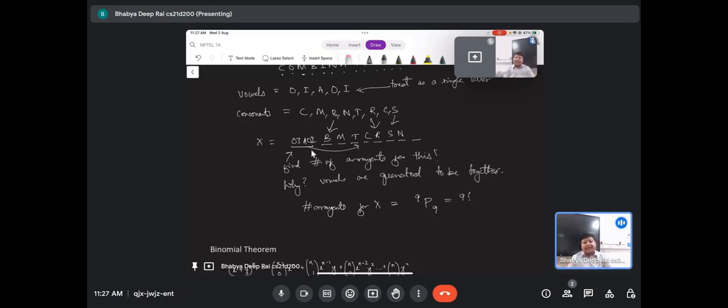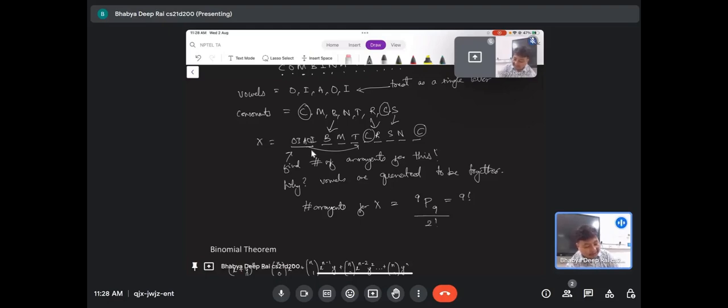But are we done here? Now, this is similar to the previous question. We are not yet done because C and C have a repetition. So C can exist here also, here also. Since there is a letter which repeats 2 times, we need to divide by the factorial of the number of times it repeats.